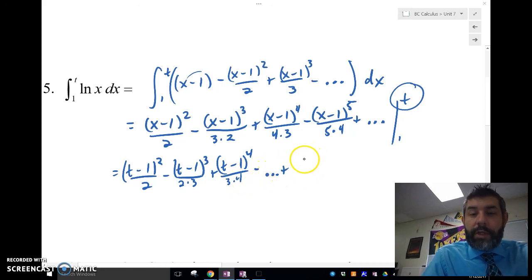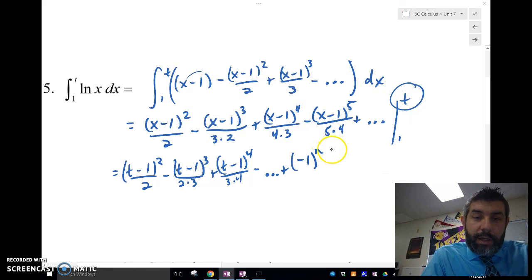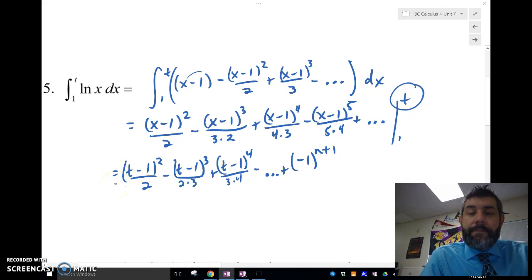All right, so what's going on here? Well, we're definitely alternating. So let's go negative 1 to the n plus 1, because we want it to be an even power, so that it's an even number.